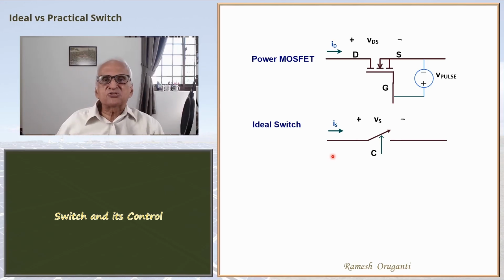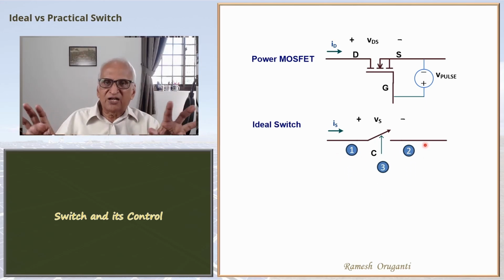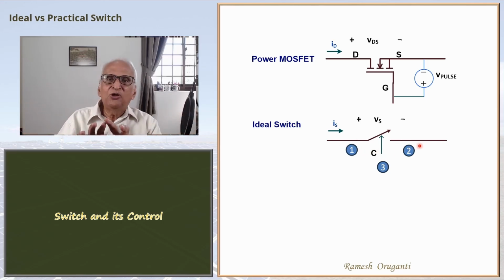So a typical switch has three terminals. 1 and 2 is the main part of the switch. So the current flows between 1 and 2, or the current does not flow between 1 and 2, and the voltage is developed across 1 and 2. The terminal 3 is used to control the switch.